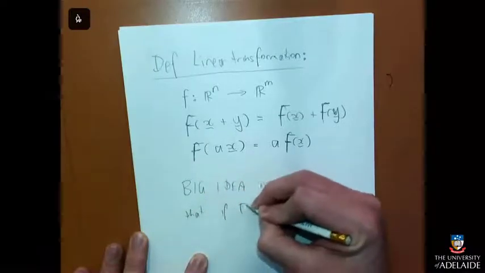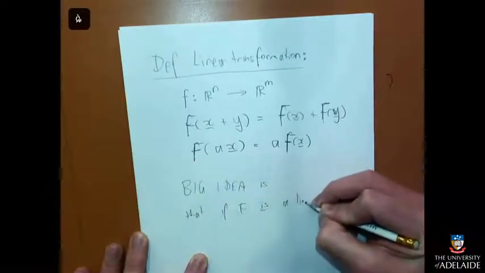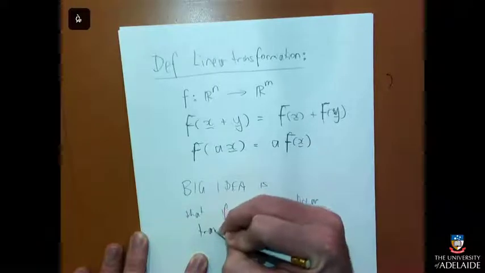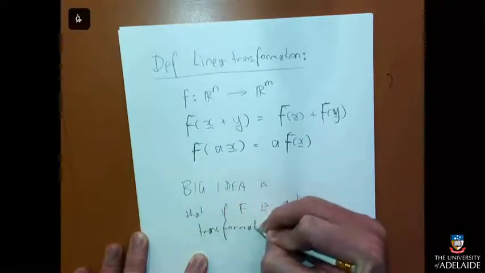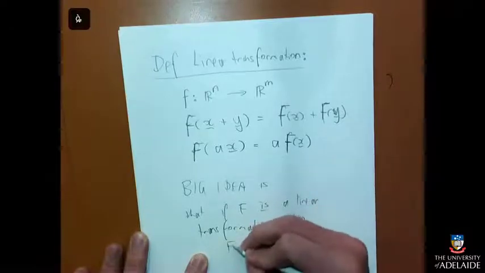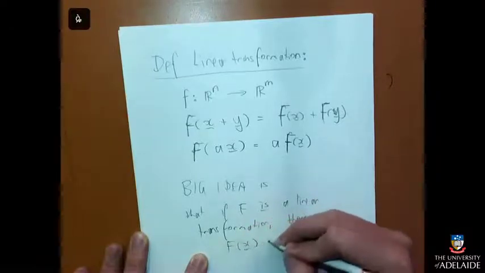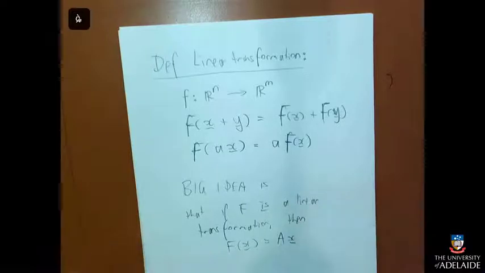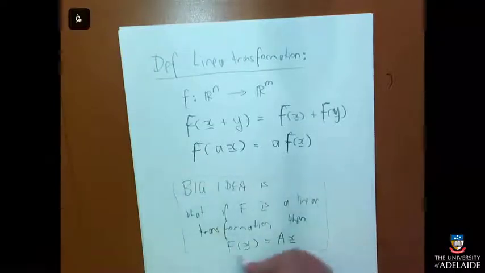That if F is a linear transformation, then F of x is the same as just doing some matrix times x. That's not the definition of what a linear transformation is.